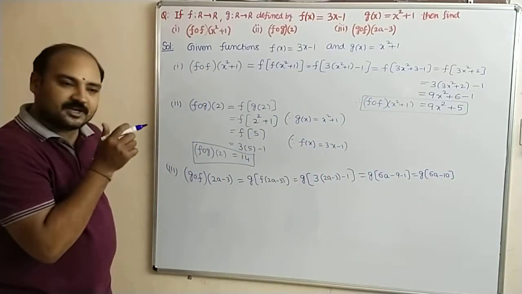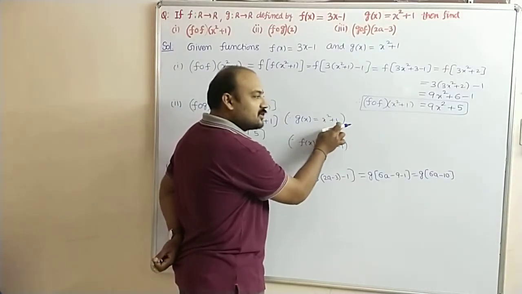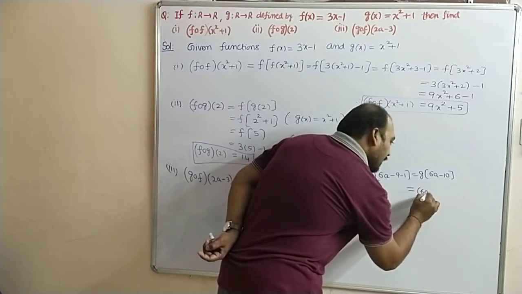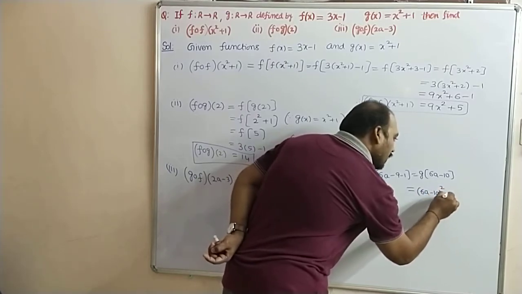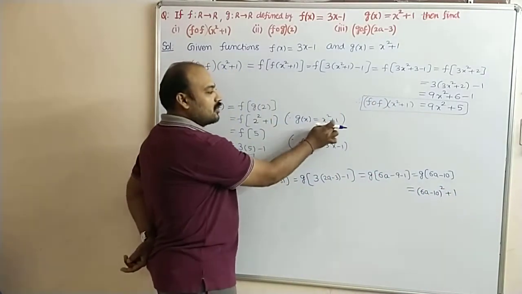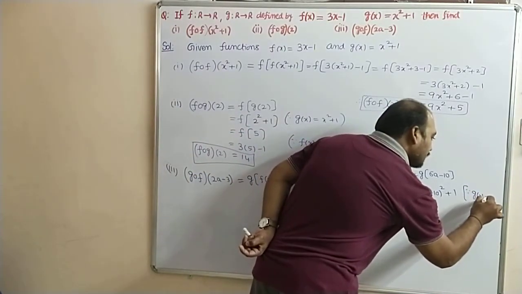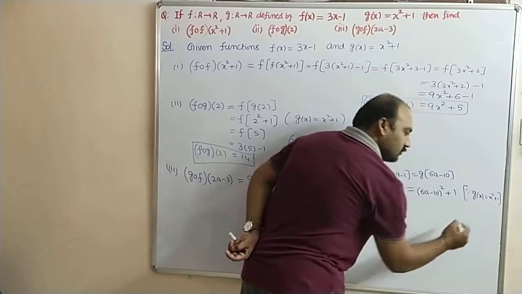6a minus 10. What is g of x? x square plus 1. So 6a minus 10 whole square plus 1, since g of x is equal to x square plus 1.